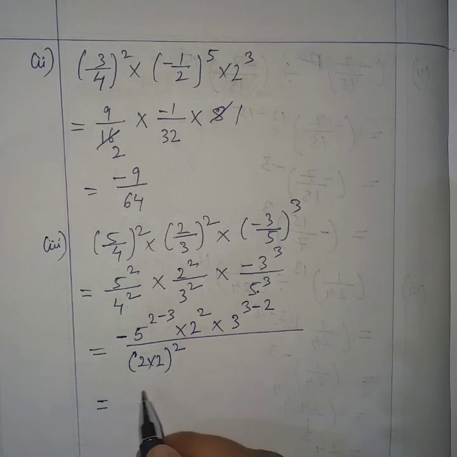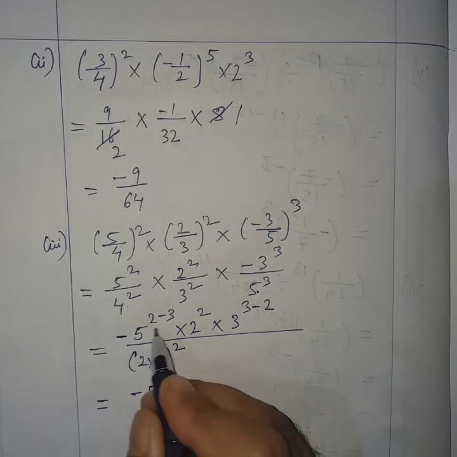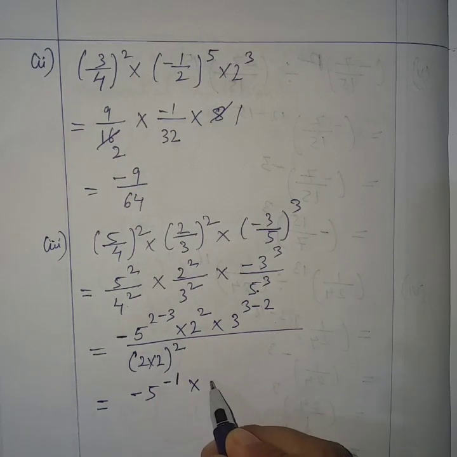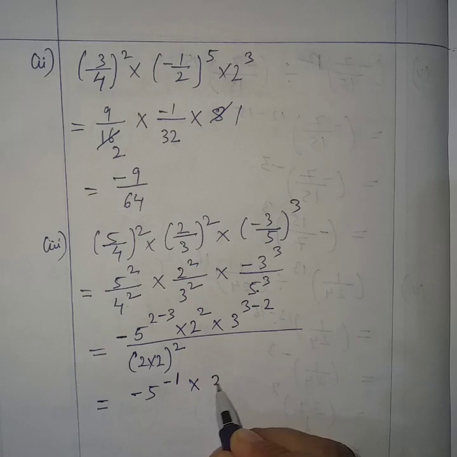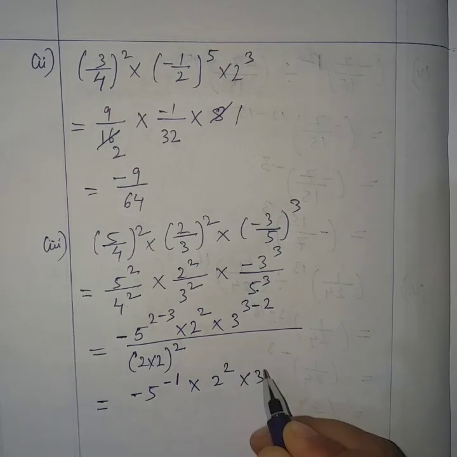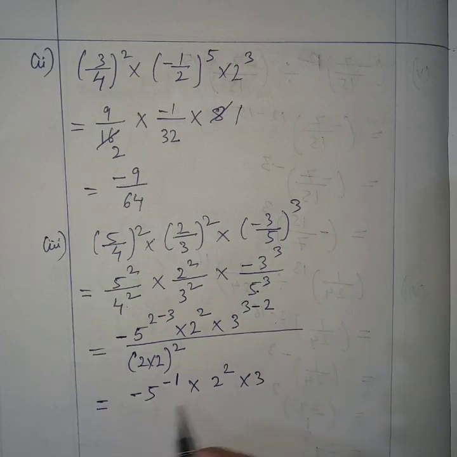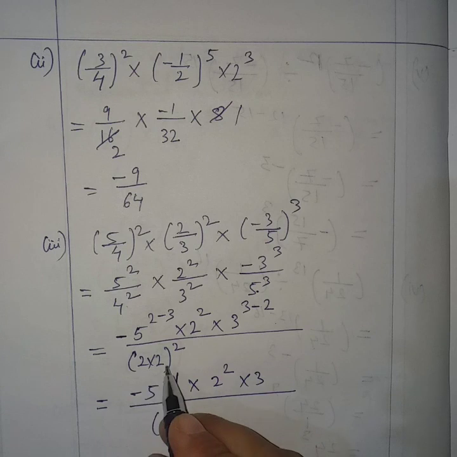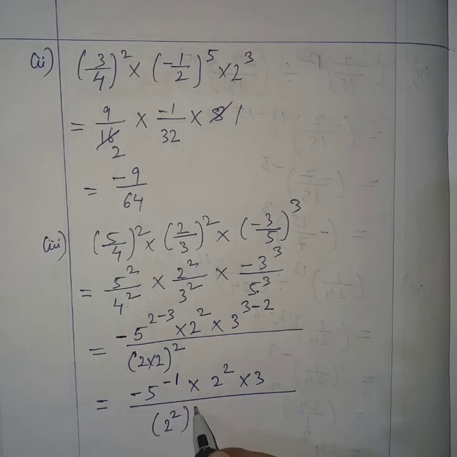Now next step, minus 5 to the power 2 minus 3, which is minus 1, into 2 squared here, into 3 to the power 3 minus 2, which is 1 only, so the power is 1 here, no need to write, by 2 into 2, that is (2 squared) whole to the power 2 again.